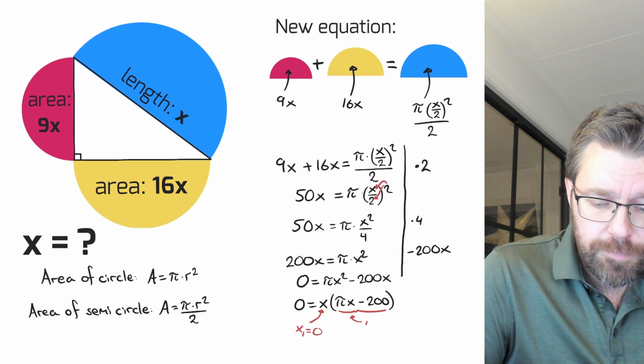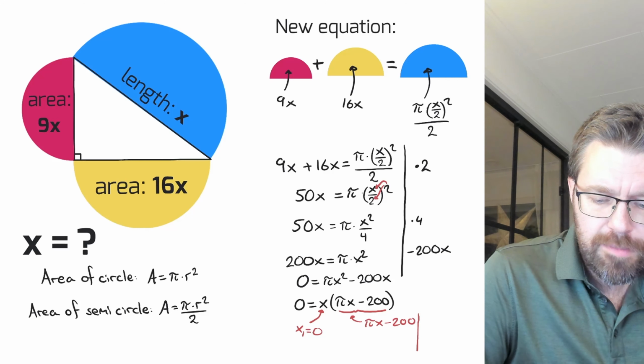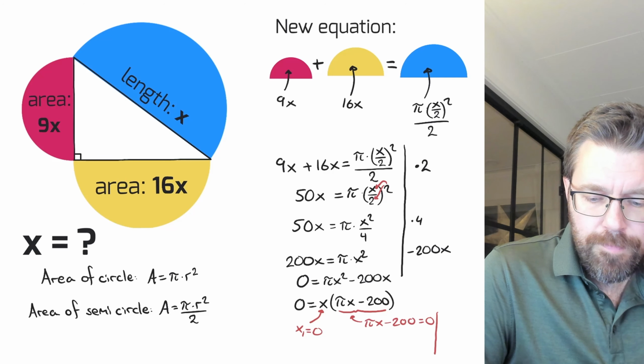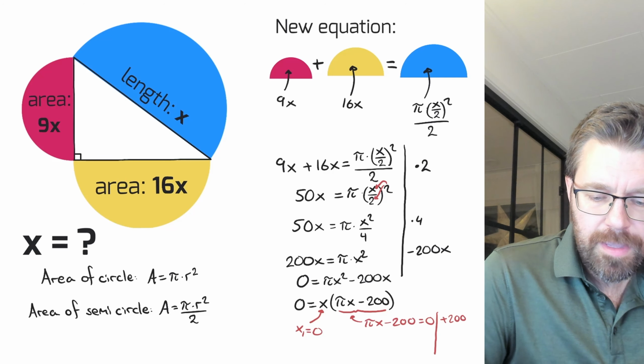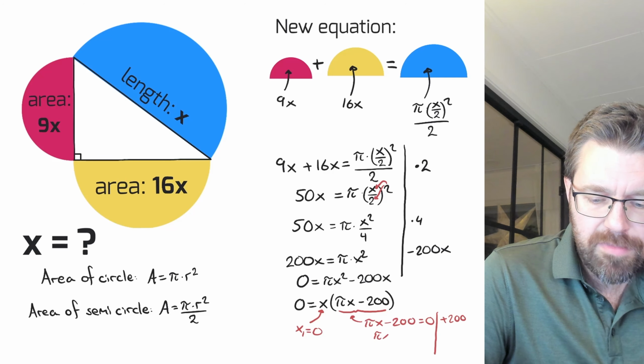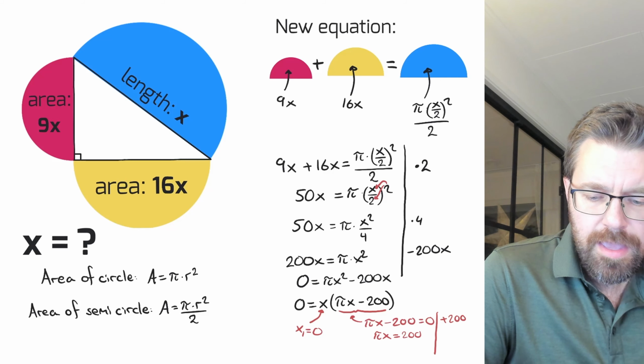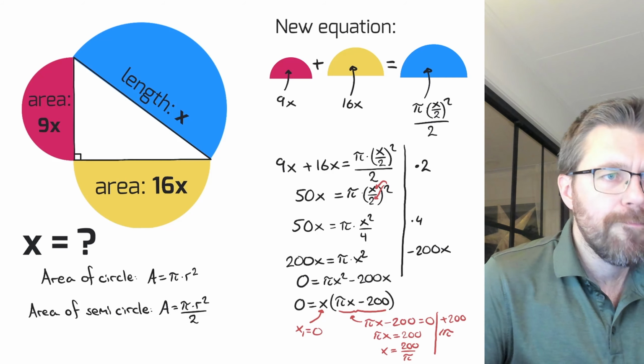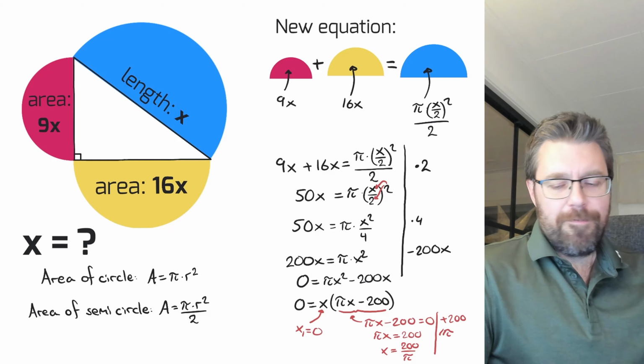For this one to be 0, you can take it out and write it as its own equation and solve for x. So add 200 to both sides. Then you get pi times x equals 200, and divide by pi on both sides, and then x equals 200 divided by pi.